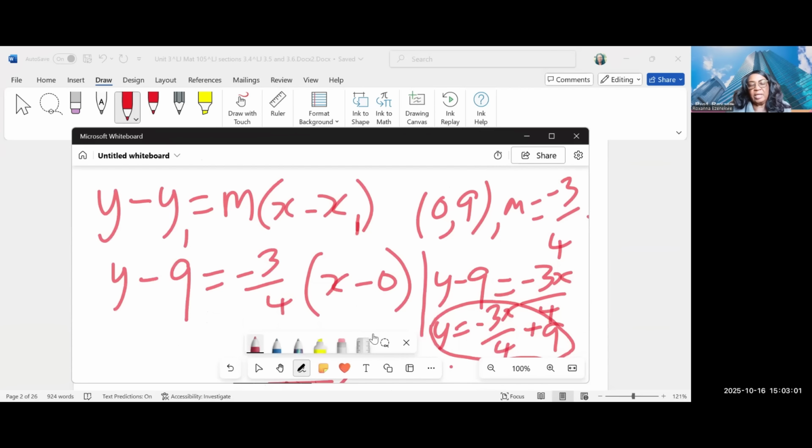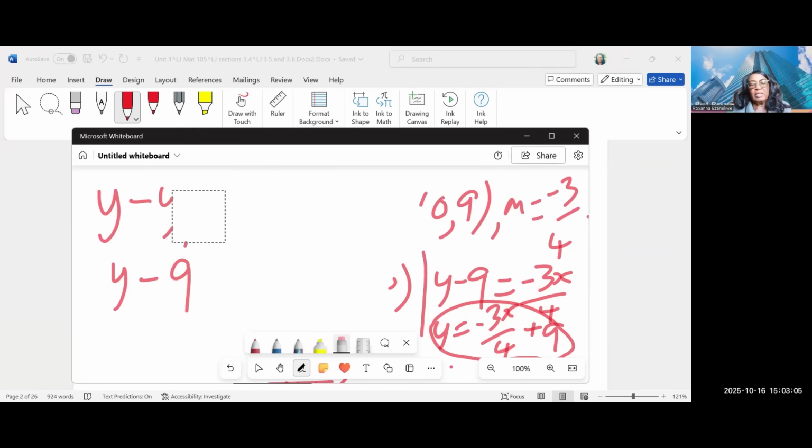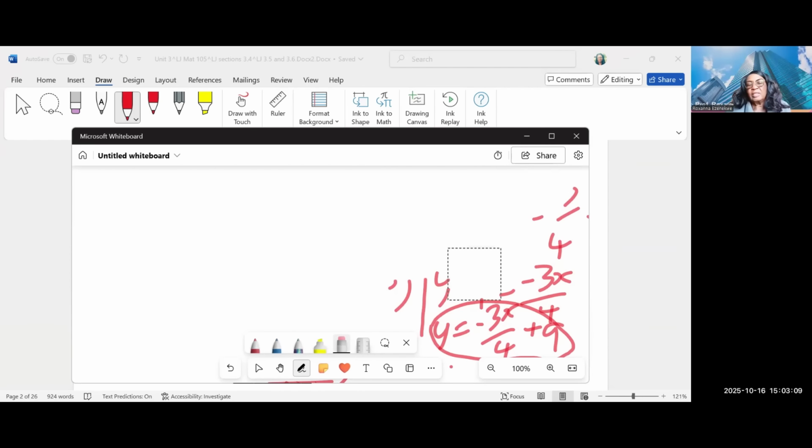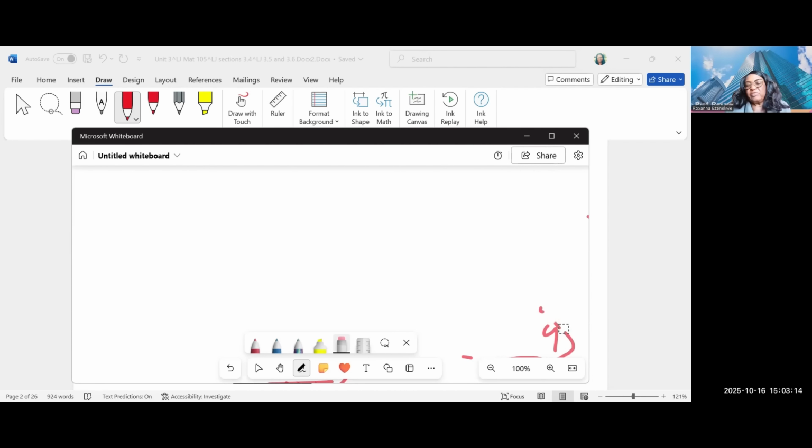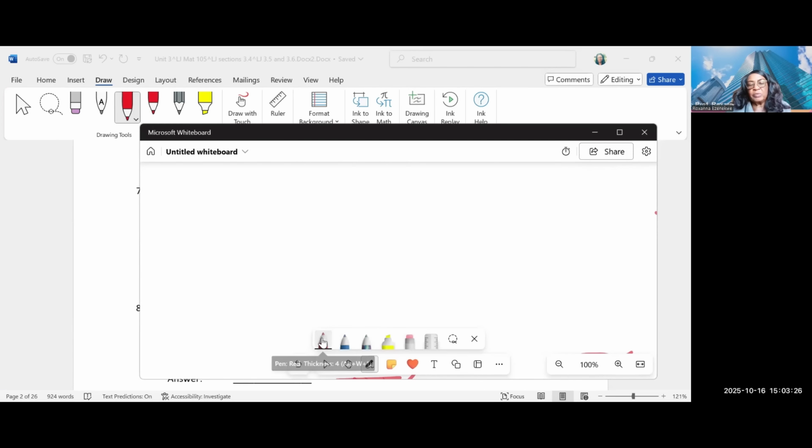I'm going to clear some so that I can have some space. First of all, bring down the points given to us. This time we are given 2 points and we are told to find the equation. They didn't give us the slope, but we can find the slope.